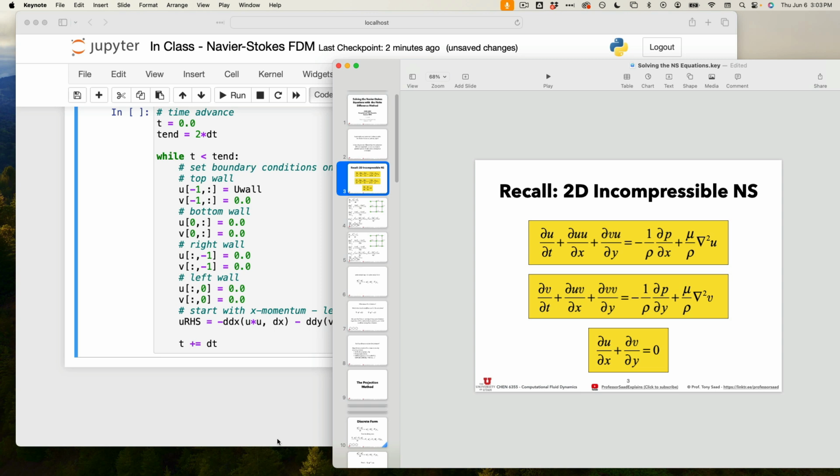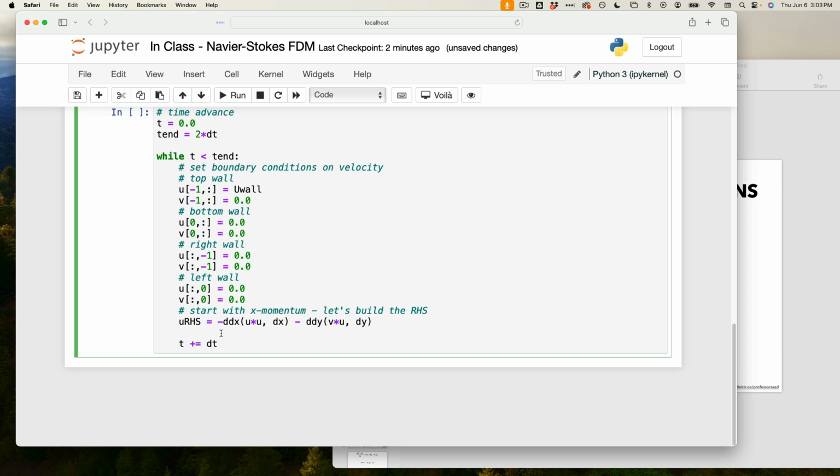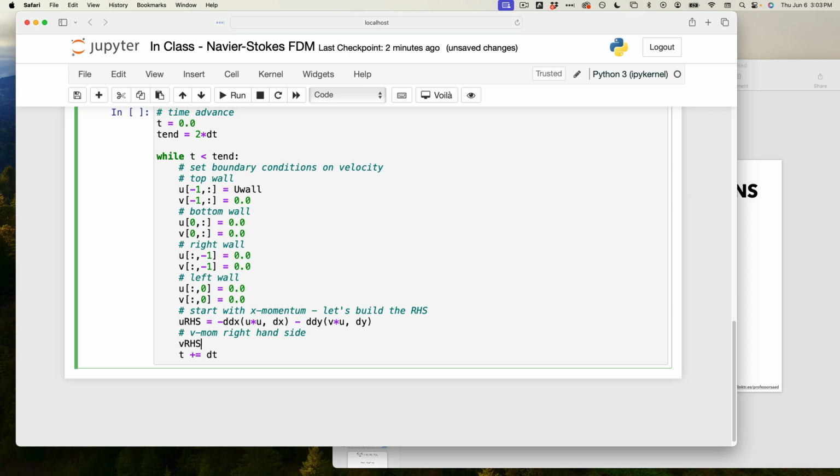And same thing for the v momentum. The v right-hand side is minus d dx of u times v in the x direction, minus d dy of v times v in the y direction.